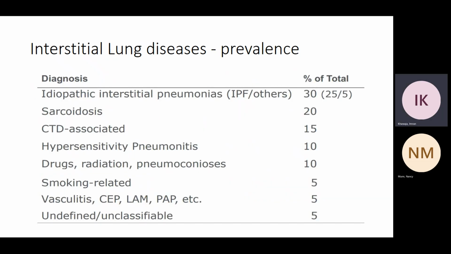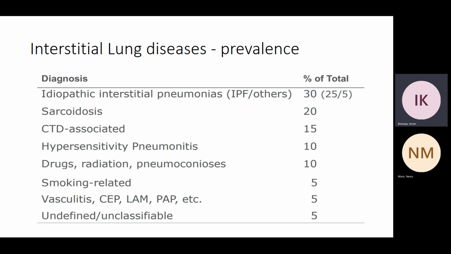This graph, I found it in Chest Medicine. It is the prevalence of interstitial lung diseases. If you see it, idiopathic interstitial pneumonia is the commonest one, idiopathic pulmonary fibrosis being the commonest type, around 30%. Then comes sarcoidosis, but the third one is connective tissue disease-associated interstitial lung disease.